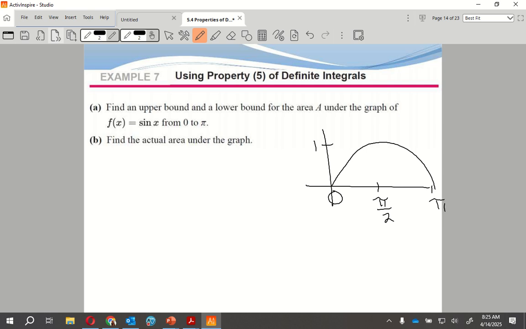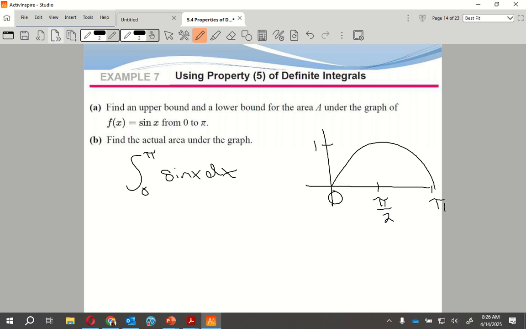All right, so there's a graph of my sine x from 0 to pi. It's a good graph, right? Beauty, eh? Now, we want to find the area under the curve. So the area under the curve is: I'm going to integrate from 0 to pi of sine x dx.